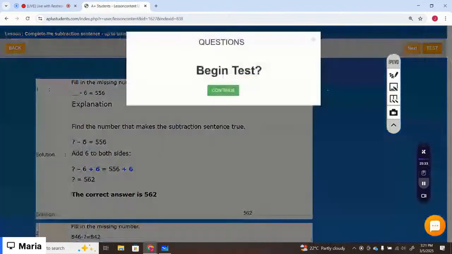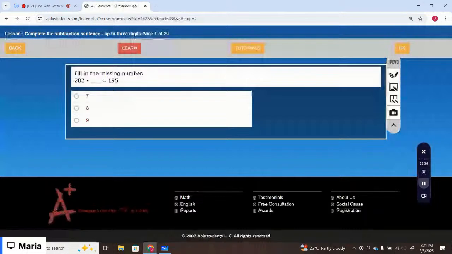Let's just start with the test questions. 'Some number take away the missing number equals 195', so you need to find the missing number. You are given three options. You can check with the first one.